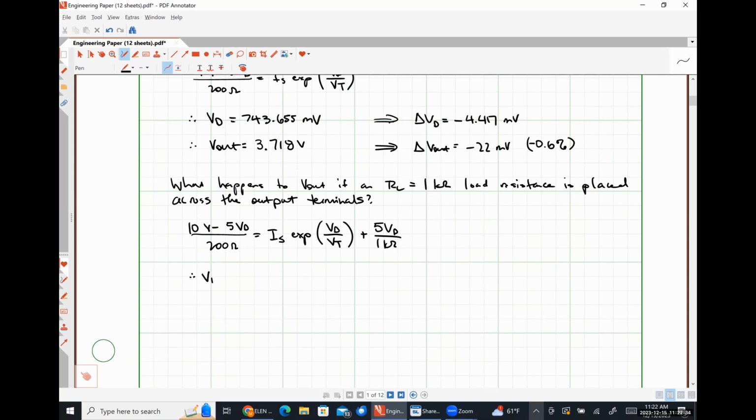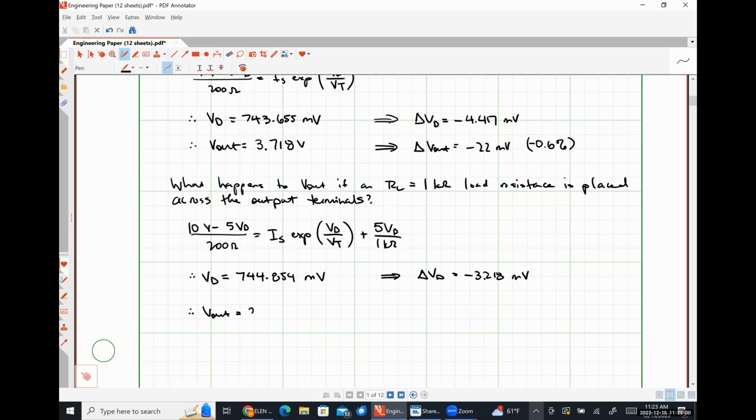Solving for our diode voltage VD, we get 744.854 millivolts, or a change in diode voltage of negative 3.218 millivolts.